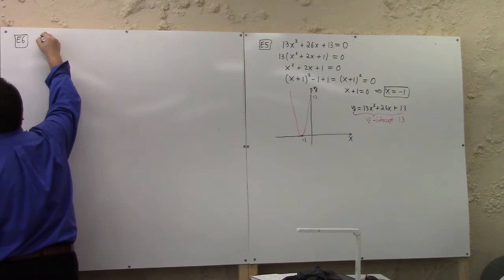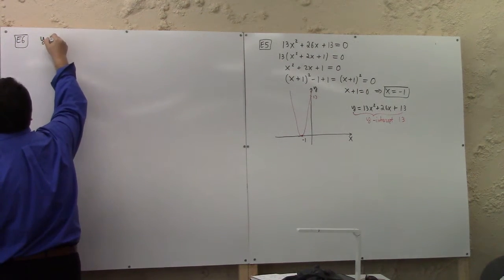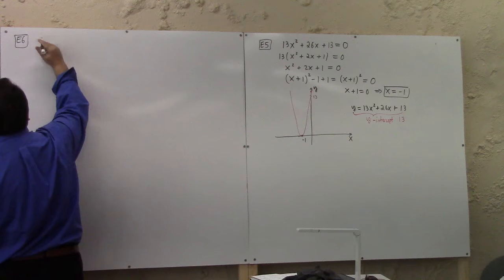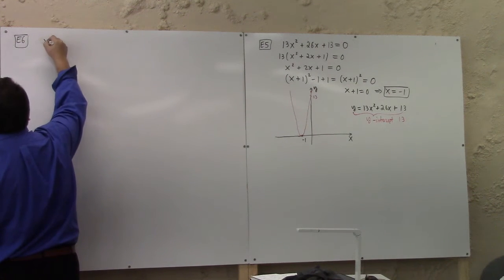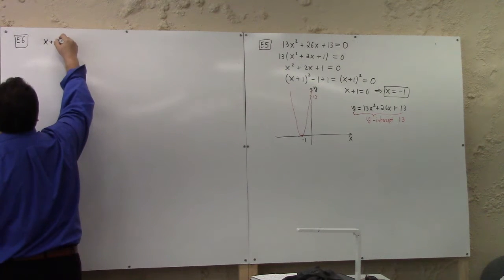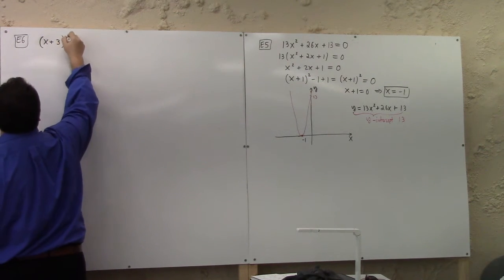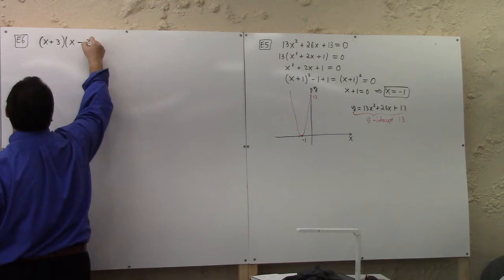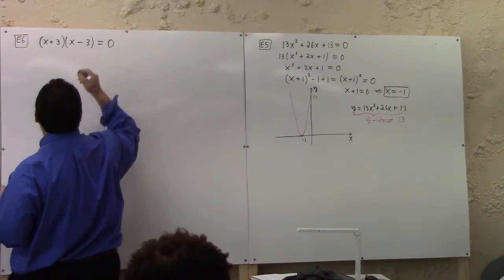So let's look at, not y, but excuse me, x plus 3 times x minus 3 equal to 0.